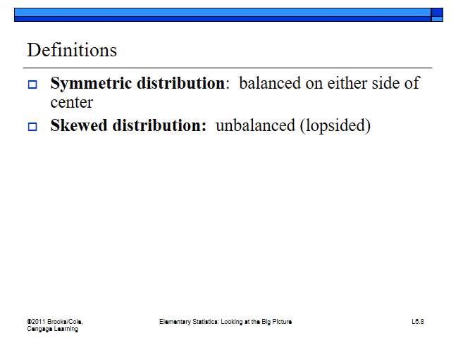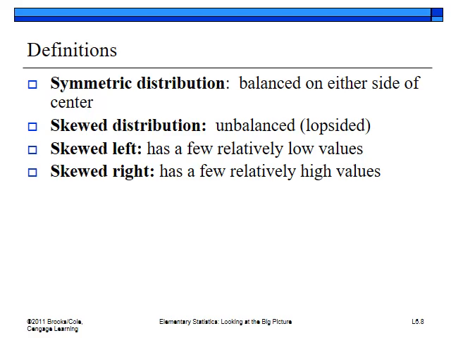In a skewed distribution, there are more high values than low values, or vice versa. If there are more low values than high values, we'll say that the distribution is skewed left. If there are more high values than low values, we'll say the distribution is skewed right.